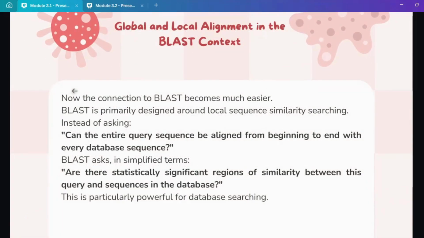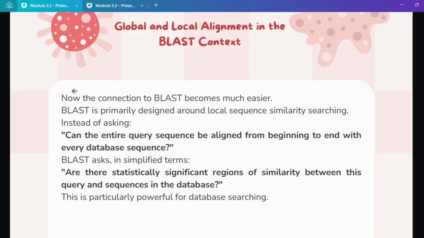Now, global and local alignment in the BLAST context. The connection to BLAST becomes much easier. BLAST is primarily designed around local sequence similarity searching. Instead of asking whether the entire query sequence can be aligned from beginning to end with every database sequence, BLAST asks, in a simplified way, are there statistically significant regions of similarity between this query and sequences in databases?